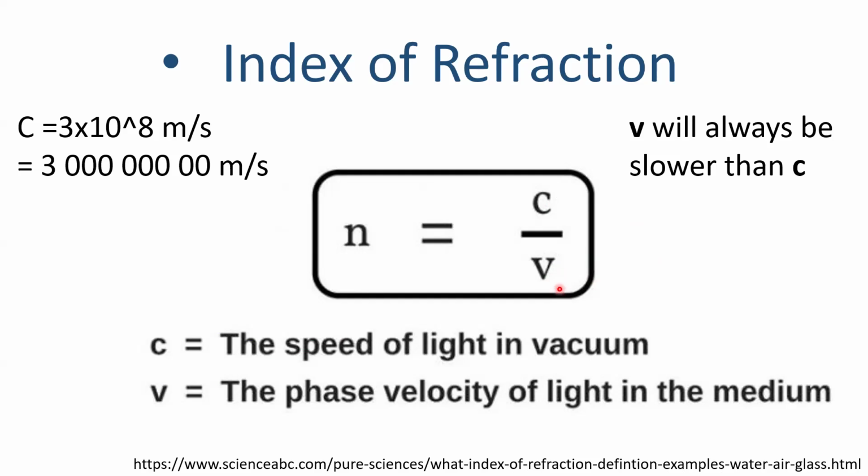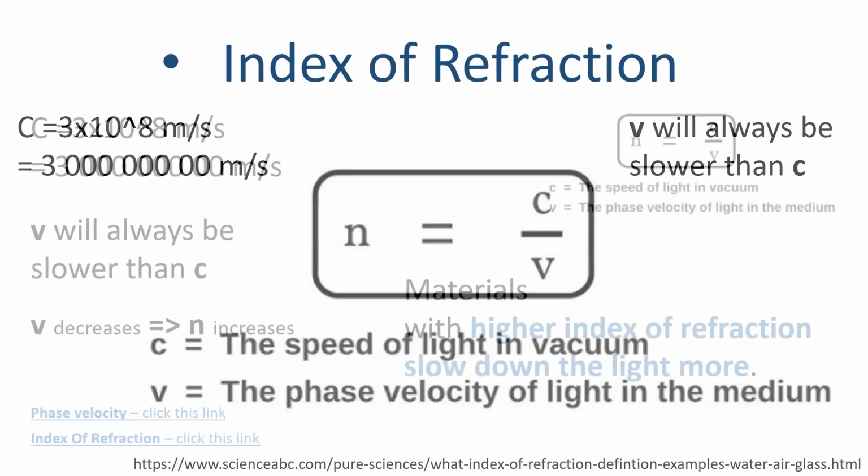So the lowest you can get as an index is going to be 1, because if we pass the light from vacuum to vacuum, we're going to have the index 1.